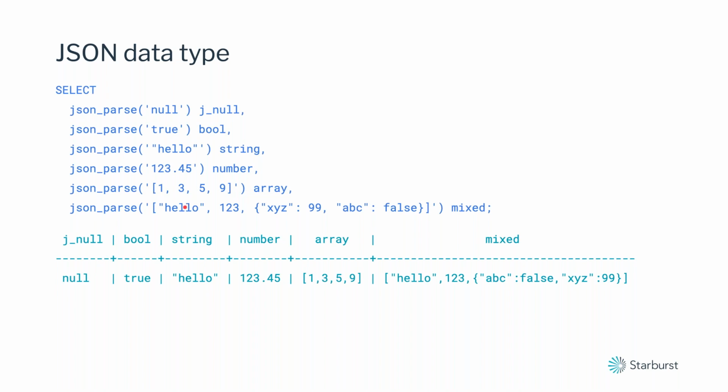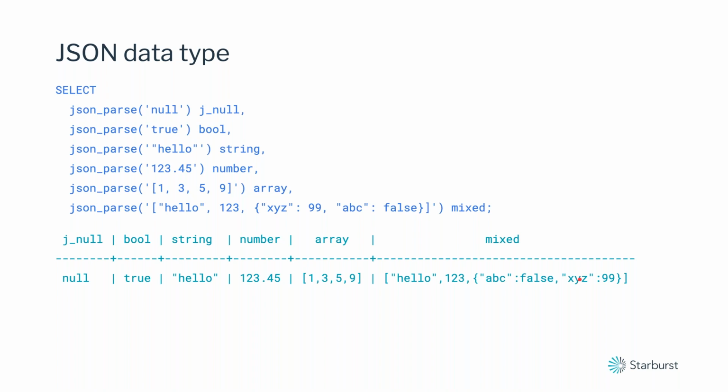We can see here an example where we've got an array that contains a string, a number, and then a map. And we can see that the map has two keys, XYZ and ABC. We can see that XYZ in the input comes before ABC, so the keys are not in order. And after we parse it with JSON parse, we see that the keys in the map are in order.